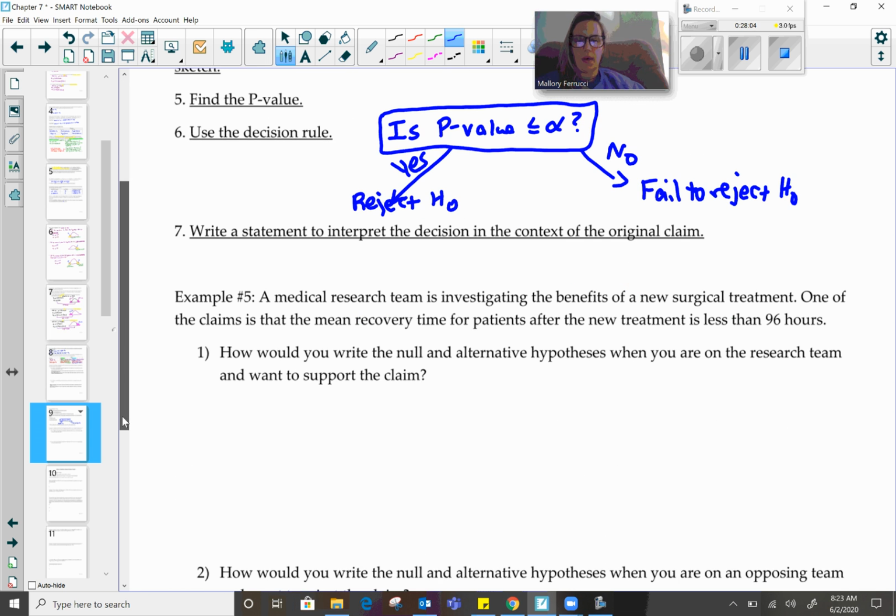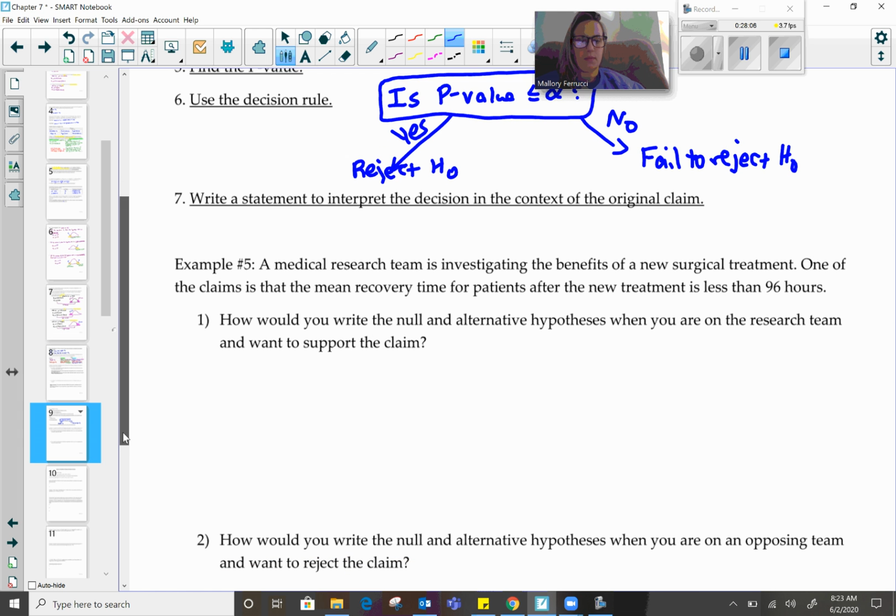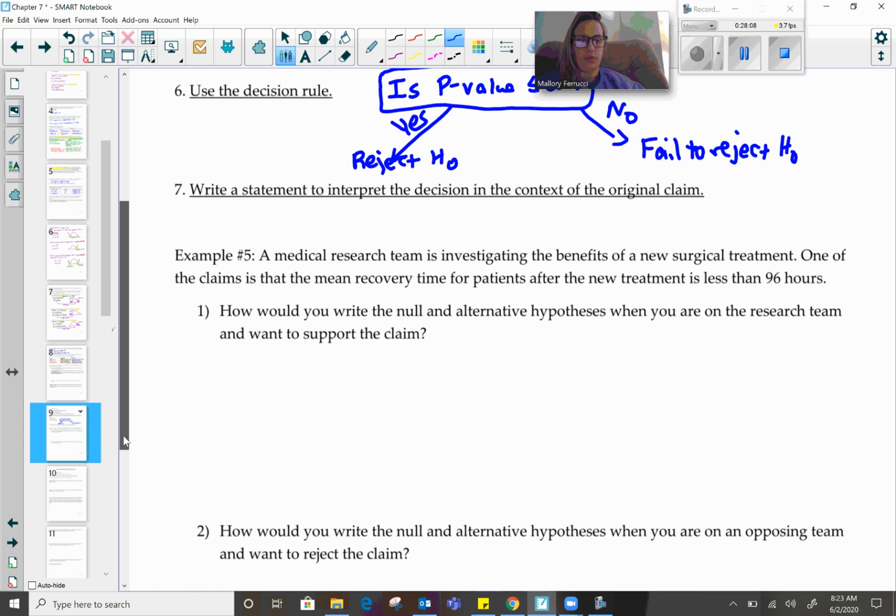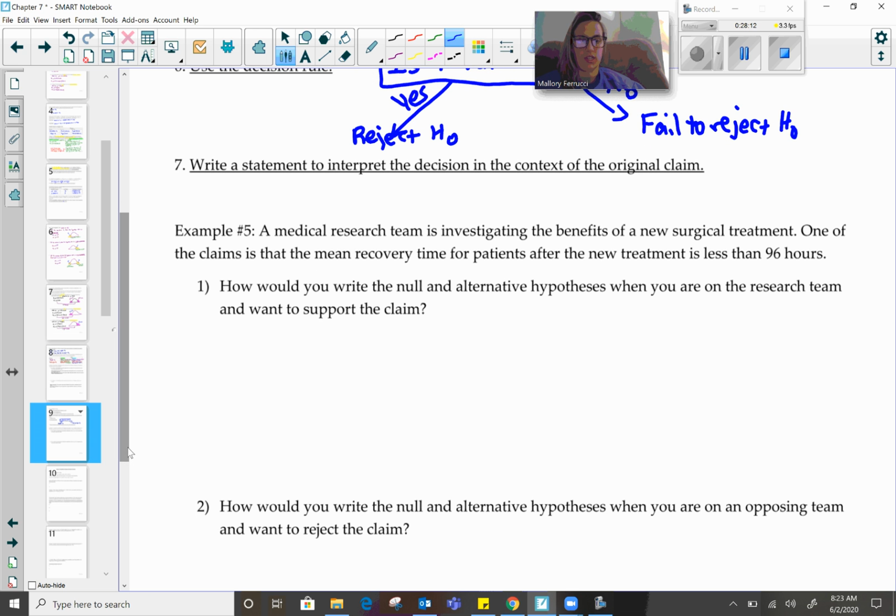So, a medical research team is investigating the benefits of a new surgical treatment. One of the claims is that the mean recovery time for patients after the new treatment is less than 96 hours.